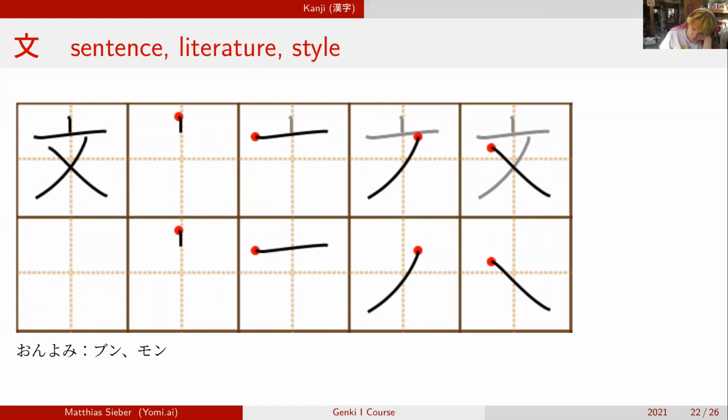So we have bungaku for literature. And you can also see that there's a little bit of a difference in the printed version versus the handwritten version. So the last stroke here in the handwriting doesn't really attach on the second line, but they're close enough.